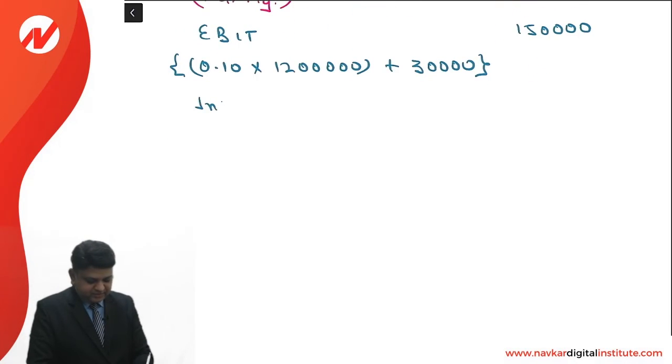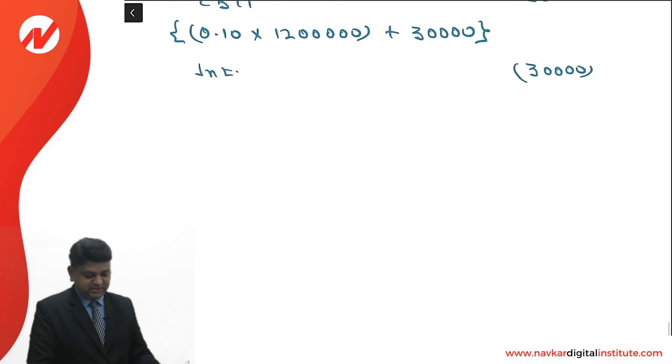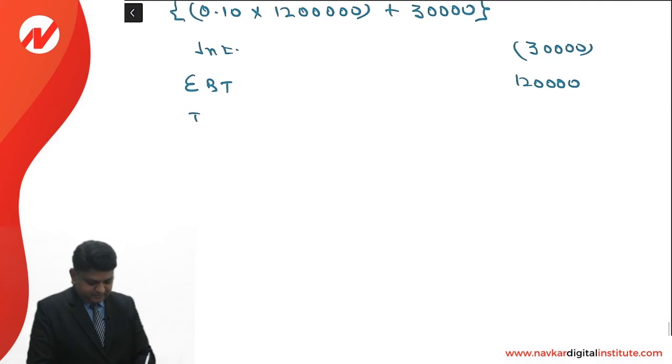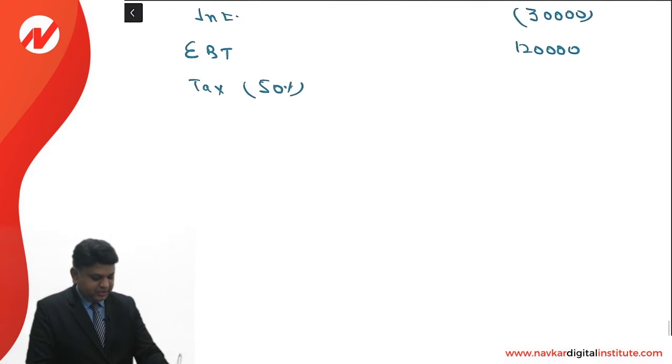Amount of interest that has already been provided to us, 10% of the debentures of 3 lakhs. Earning before taxes is 1,20,000. Income tax rate is 50%. So tax is 60,000.